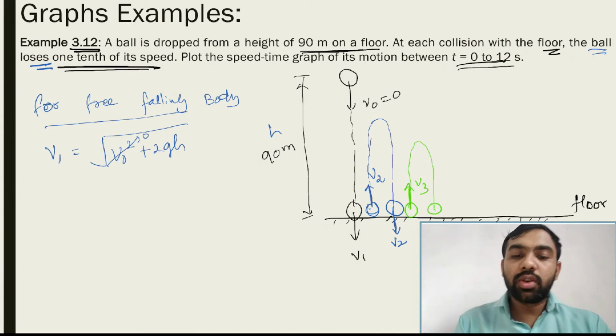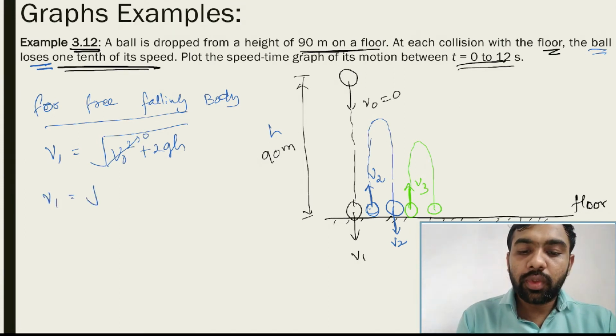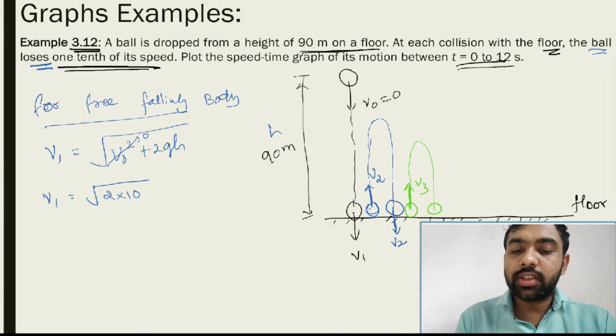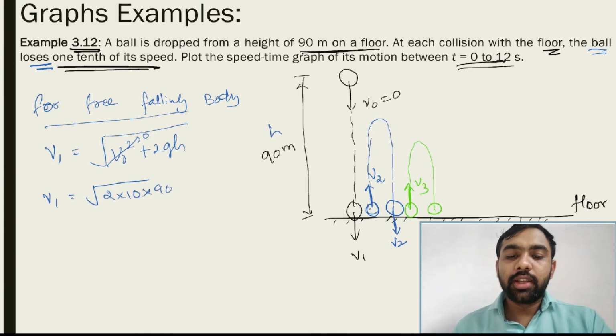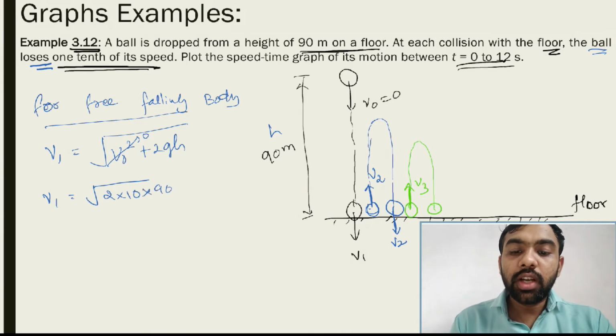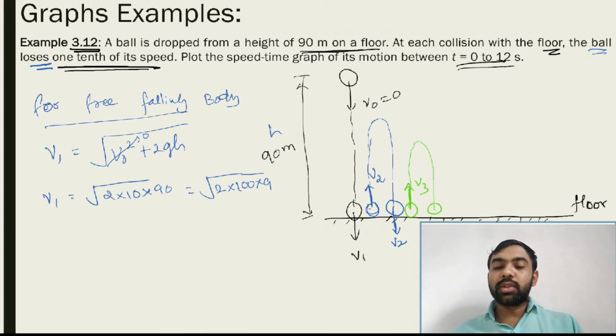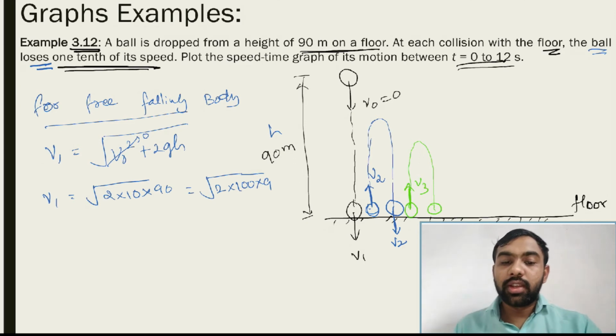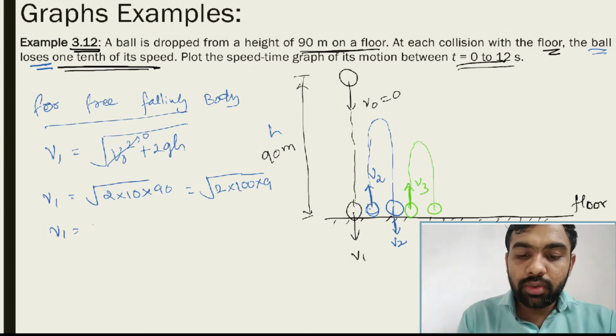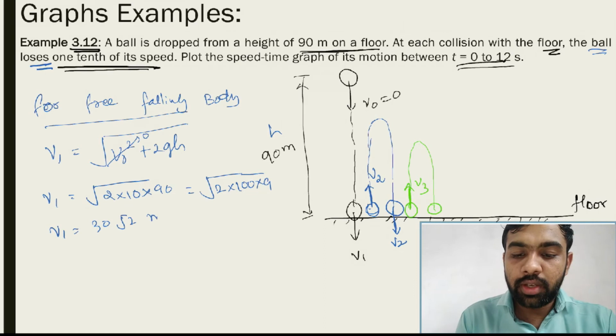So v1 is root of 2 into g, considered 10, into height 90. So 2 into 100 into 9, the zeros combined make 100. So 100 under root is 10 and 9 under root is 3. So v1 is equal to 30 root 2 meter per second.